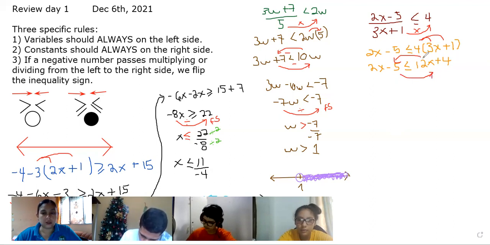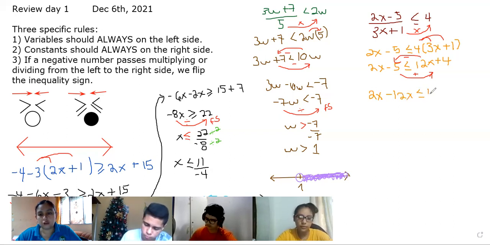With what operation does the 12x go? Negative. And the 5, how does it go? Positive. Exactly. So now we have 2x minus 12x is less than or equal to 4 plus 5.